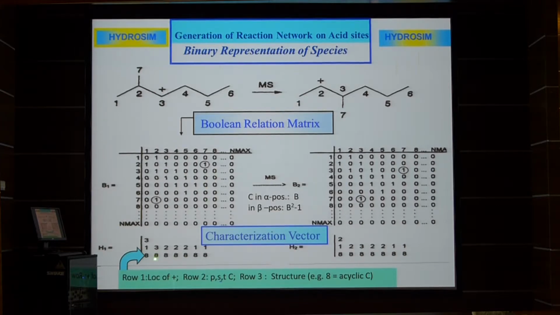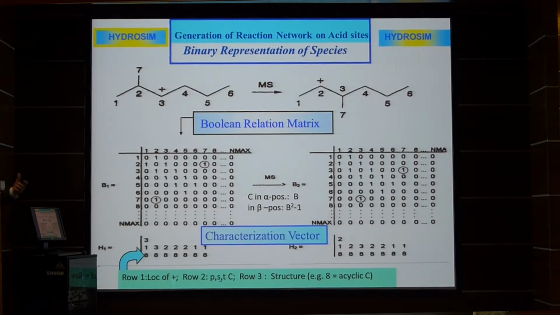Then row 2 tells you which carbon is primary, which one is secondary, which one is tertiary. And this gives you the structure, but that is conventional.